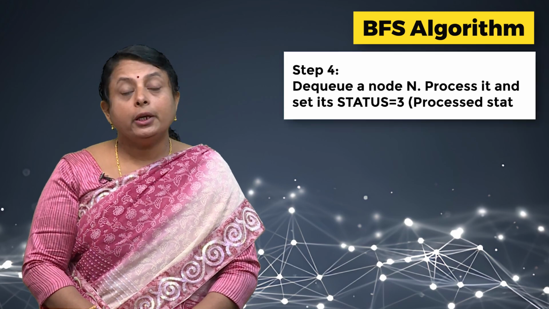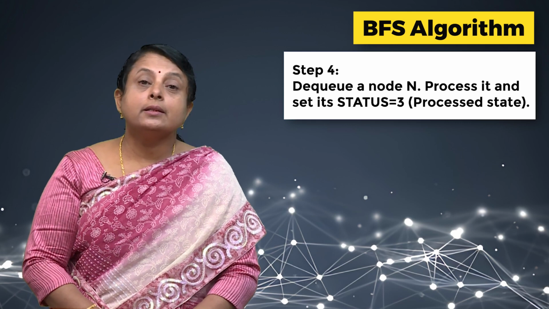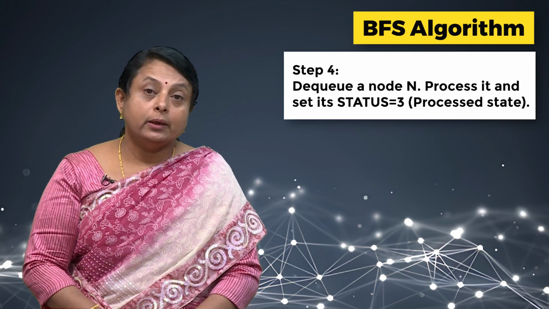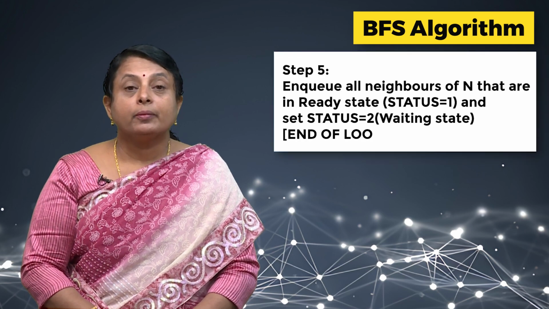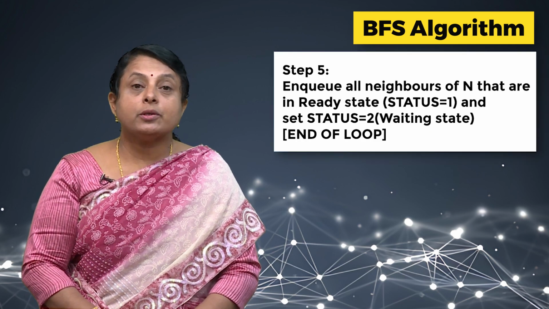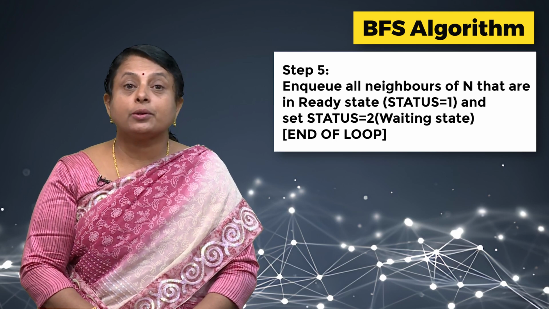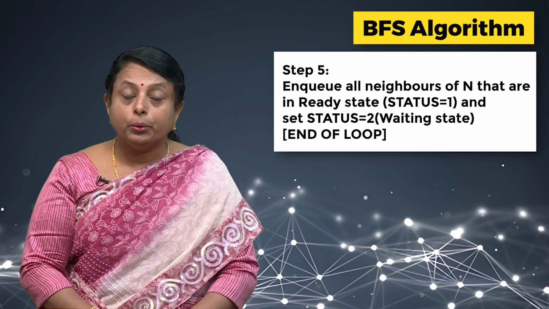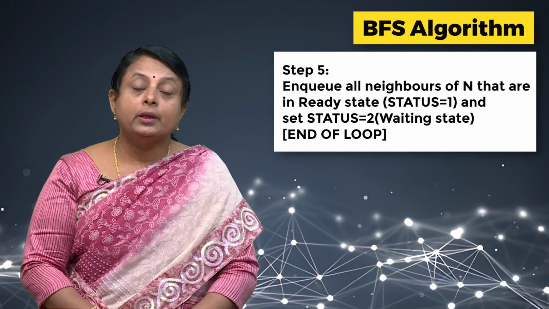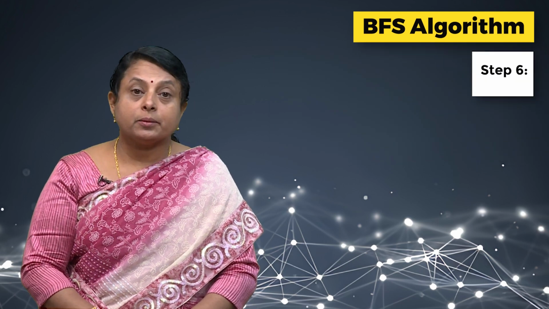Step 4, DQ a node N, process it and set its status equal to 3, that is processed state. Step 5, NQ all neighbors of N that are in ready state, that is status equal to 1, and set them as status equal to 2, that is waiting state. Here the loop ends. Step 6, exit.